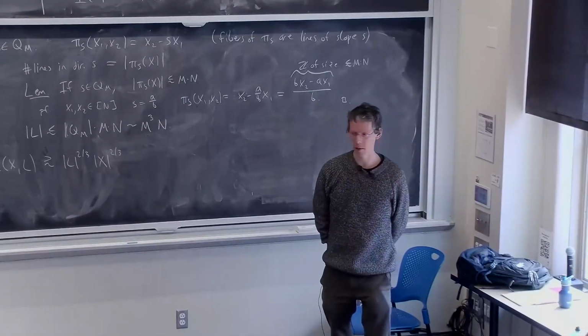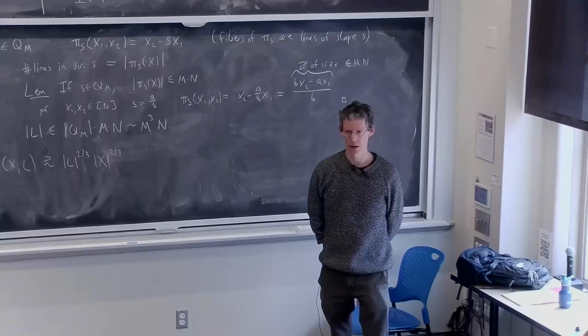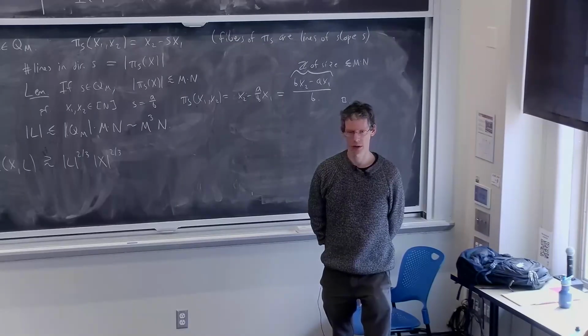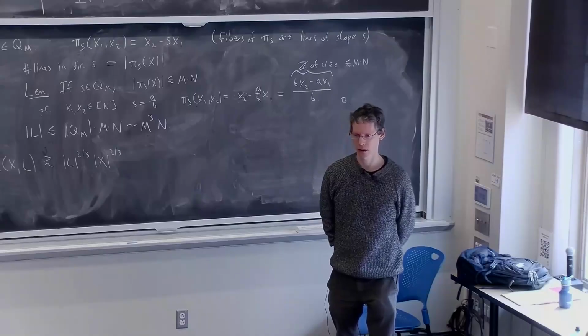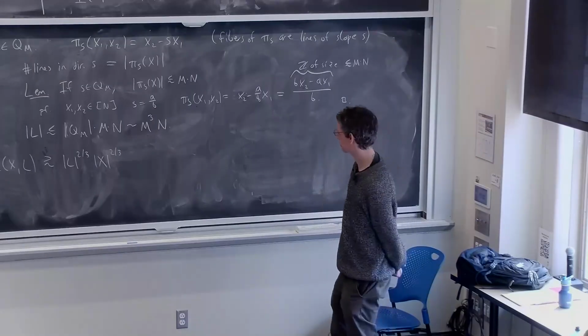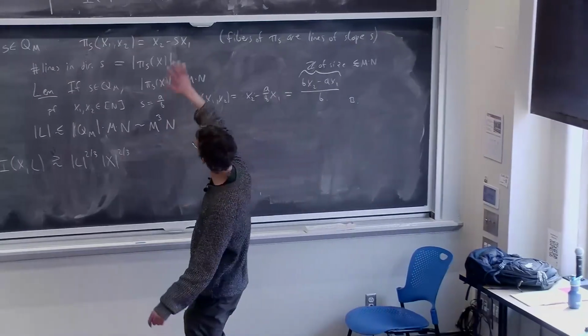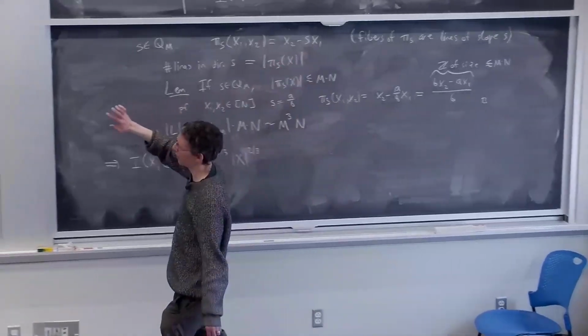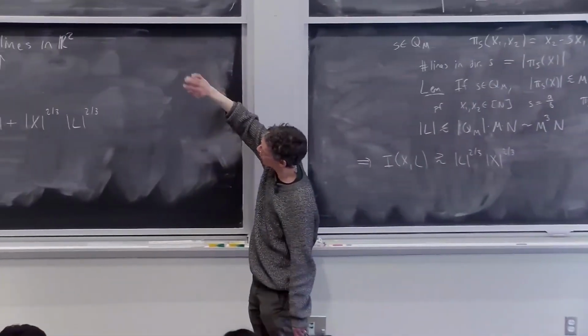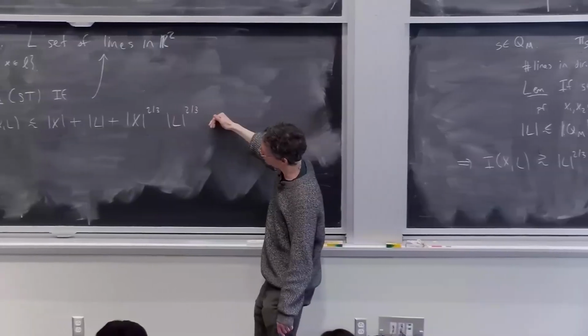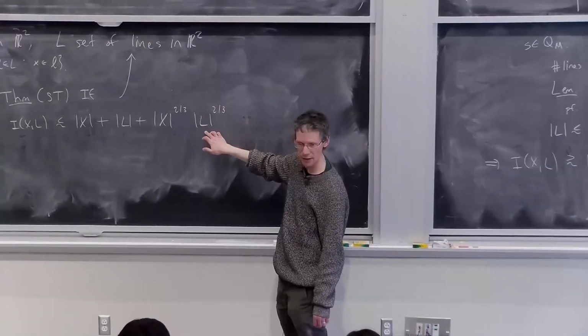We'll pause for questions and comments. OK. So this example, you can kind of see from it that theorem 1 and theorem 2 are related to each other. And theorem 2 is more general, because this could be any set of lines.